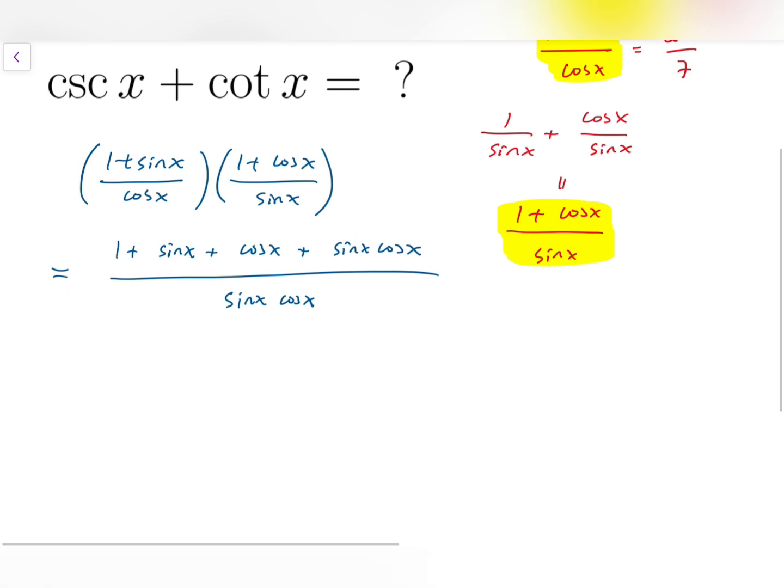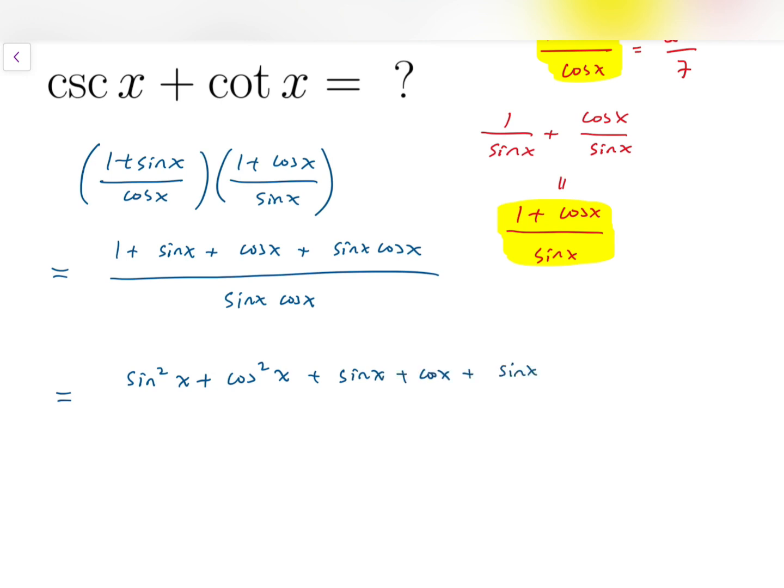And the trick to deal with this expression will be to write 1 as sine squared plus cos squared. So then every term in this fraction is in terms of sine or cos.